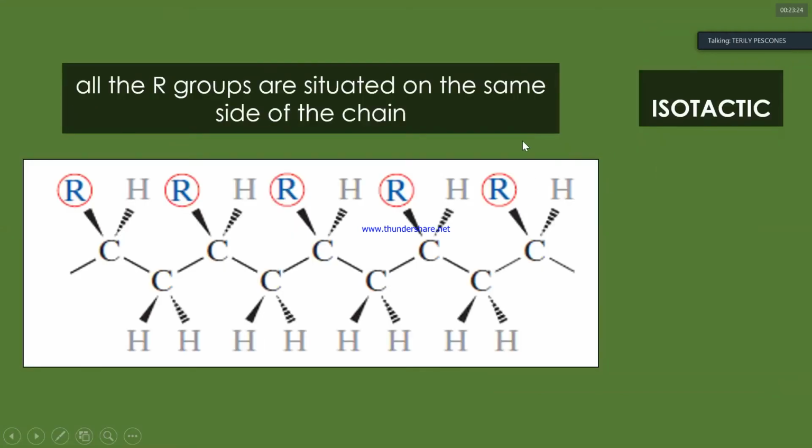So, for this one, isotactic, all the R groups are situated on the same side of the chain. Now, pag ganitong structure, yung dark na yan ay nakaharap, no? Yung ganitong symbol ay nandun siya sa likod, kumbaga.